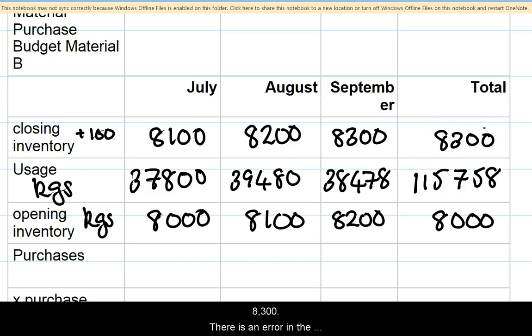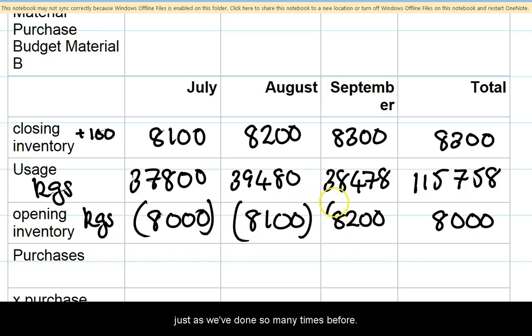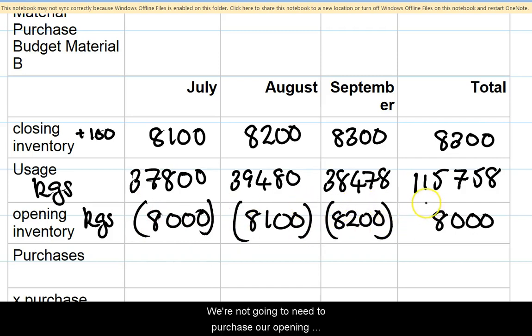There is an error in the workbook that the total is 8,300. We can now calculate our purchases just as we've done so many times before. We're not going to need to purchase our opening inventory. We already have it.